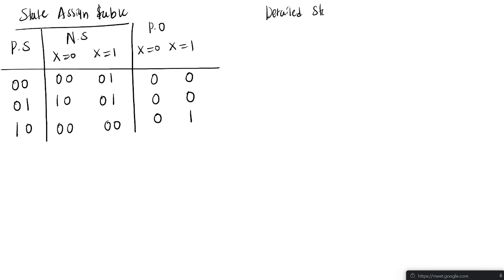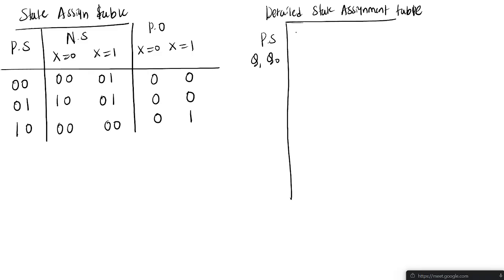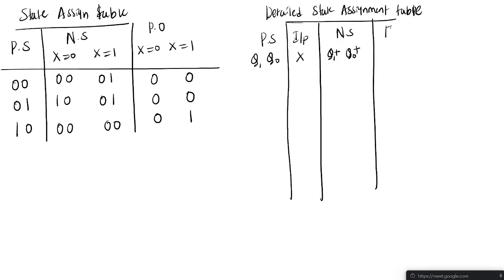Detailed state assignment table. How to draw the detailed state assignment table here? So let us take present state. Present state is nothing but Q1, Q0, okay, and input is X, okay, and next state Q1+ and Q0+, okay, and next you have flip flop inputs.